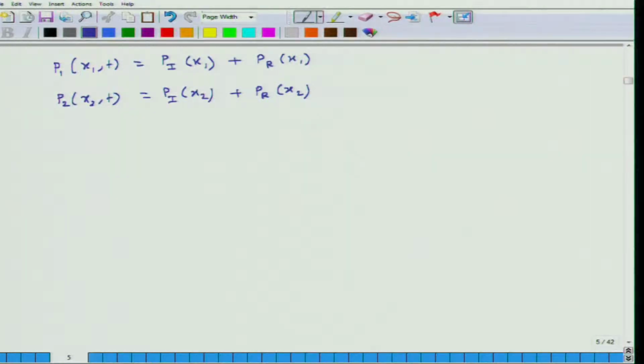Now I define a function H, and this is basically the transfer function. So I define it as P2(x2, t) over P1(x1, t). So it is a transfer function between two microphones.